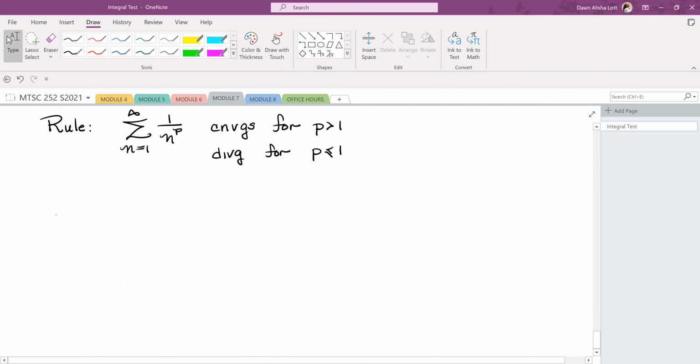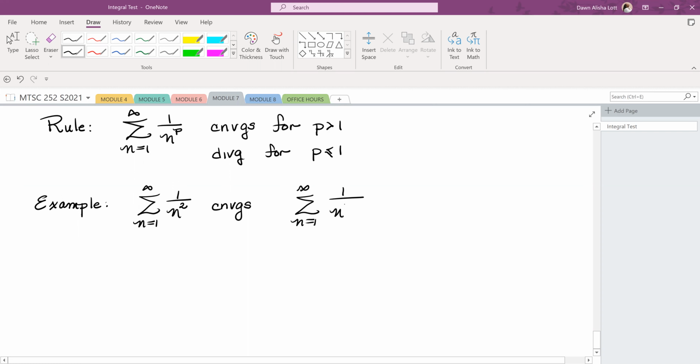So this is a very nice test. It has to be in the p-series form though. Summation n equal 1 to infinity, 1 over n squared converges. Summation n equal 1 to infinity of 1 over n to the 1.01 converges. Summation n equal 1 to infinity, 1 over n to the 1/2 diverges.